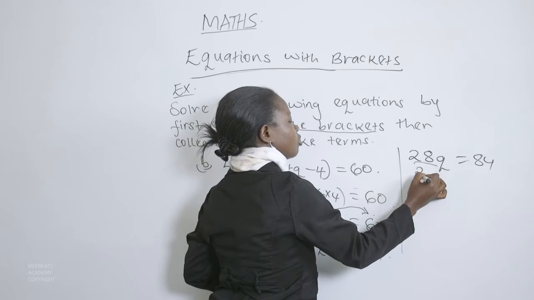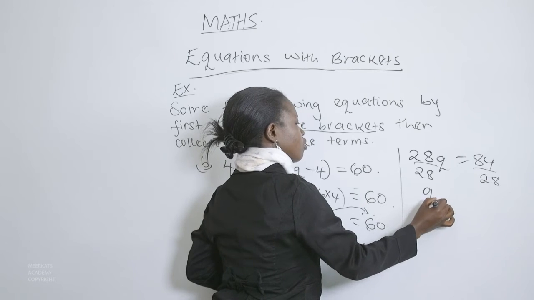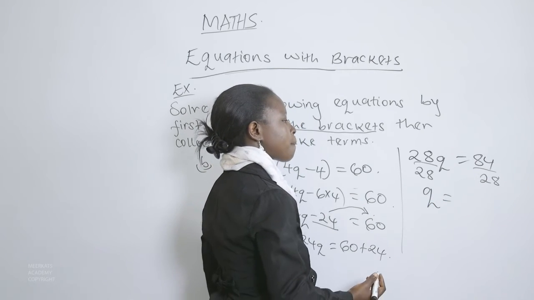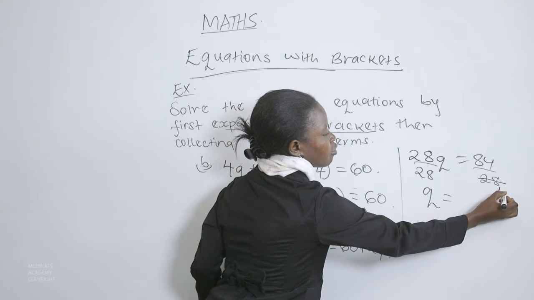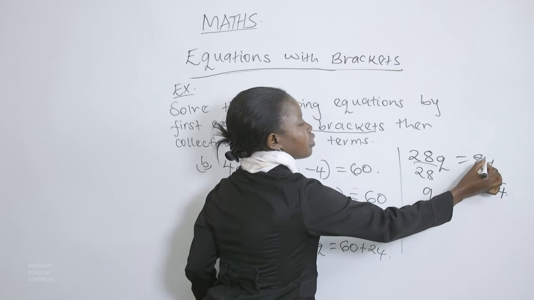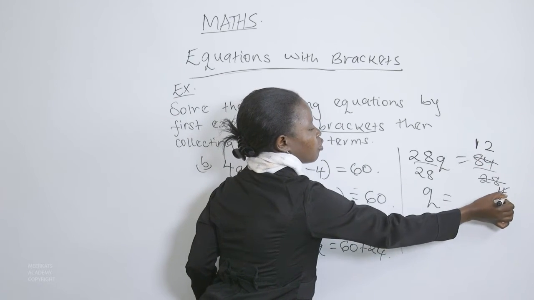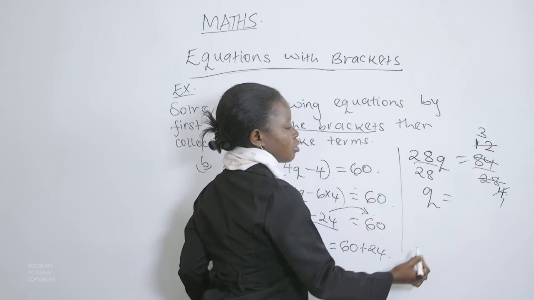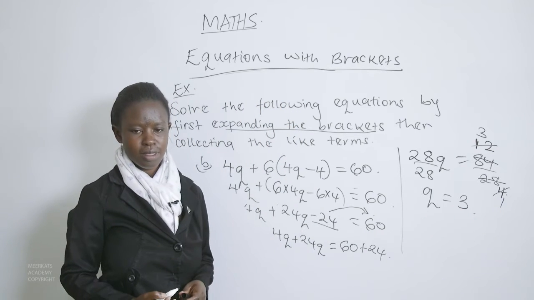So divide by 28, divide by 28, so that our value for q will be, 7 into 28 we have 4, 7 into 84, that is 12, then 4 into 4, 1, 4 into 12, we have 3. So the value of q in this case is 3.